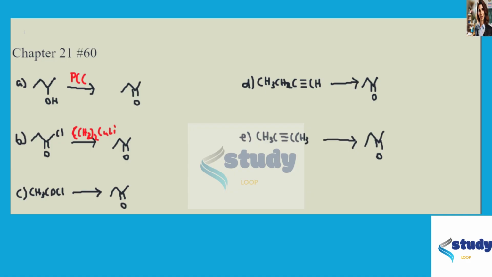So then for C, we have essentially the same problem, just with one methyl group shifted. So instead of CH3 it's just going to be CH3 CH2, in the parentheses, 2, copper lithium again. I'm going to move this over so that I have plenty of room.